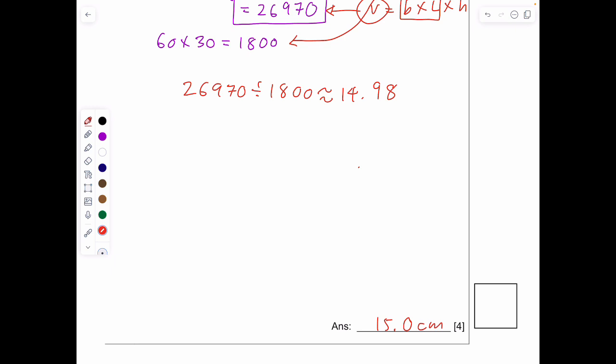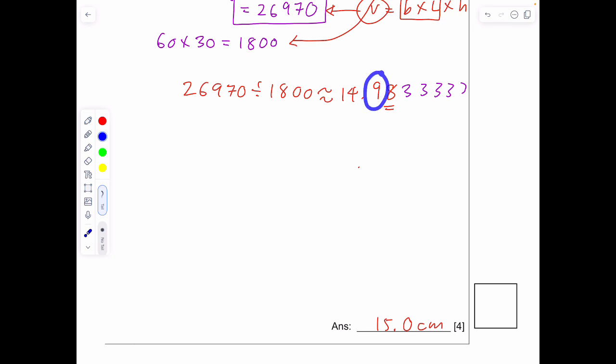So the approximate sign is 14.98. Now I'm only going to write up to 8 because in the calculator you will know it's 33333 point something. The numbers at the back don't matter anymore because I do not need that to round off to the nearest 1 decimal place. Now if we take a look here, the 1 decimal place is actually the value of 9. Okay?